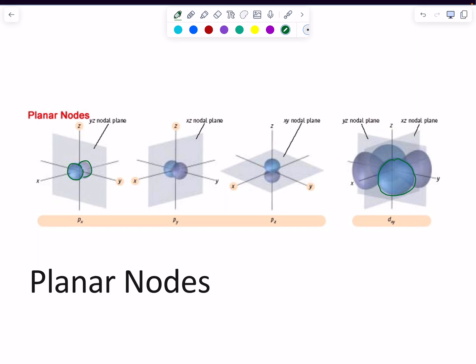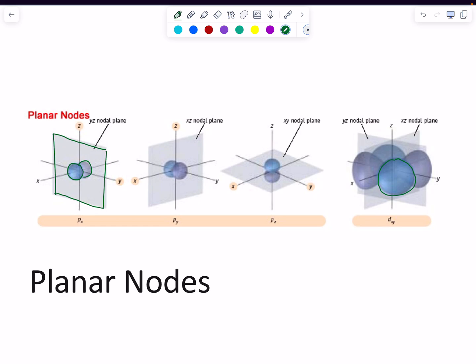And then the places where there is no shape are regions of space where the electron is not going to be. And we can draw planes through those regions of space, and we call those nodes, okay?